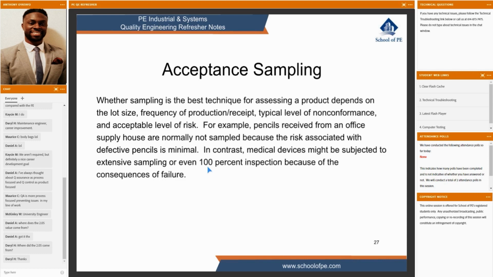So we have examples here where, if we have a pencil that's received from an office supply house, it's normally not going to be sampled because the risk associated with defective pencils is pretty small. However, if we're dealing with medical devices, it might be subjected to extensive sampling, maybe even 100%, because of the severity, right, of the consequences of failure.